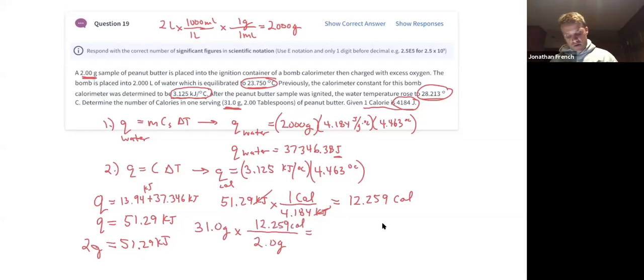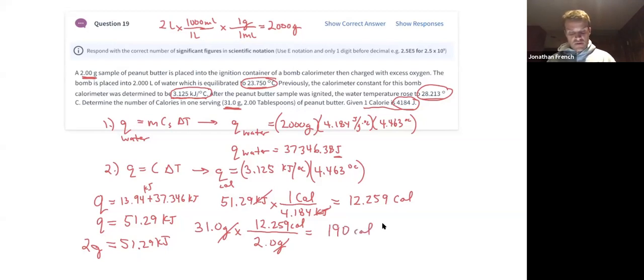So the grams should cancel out and leave me with calories in 31 grams, or 2 tablespoons, of peanut butter. So 31 times 12.259 divided by 2. I get about 190 calories.